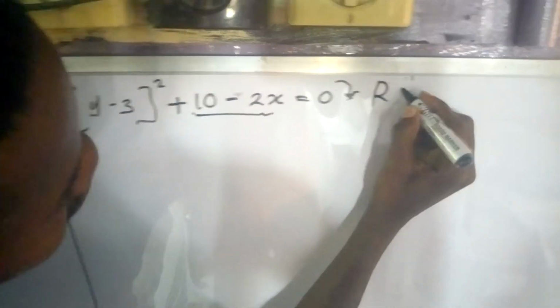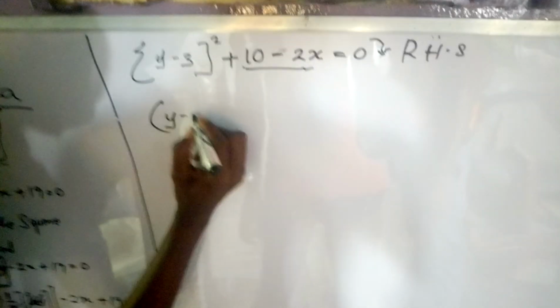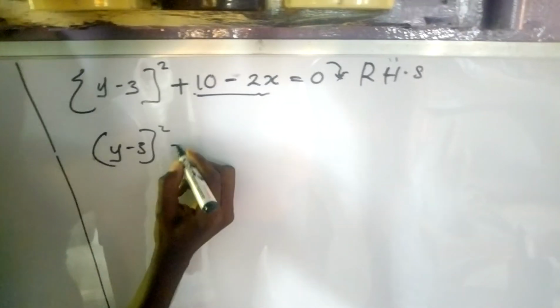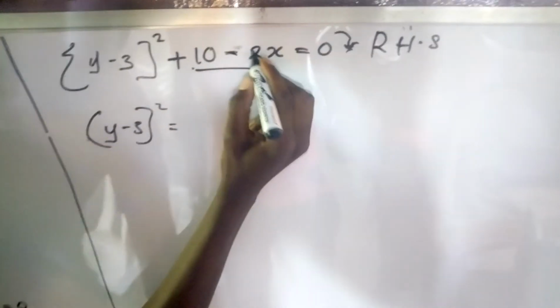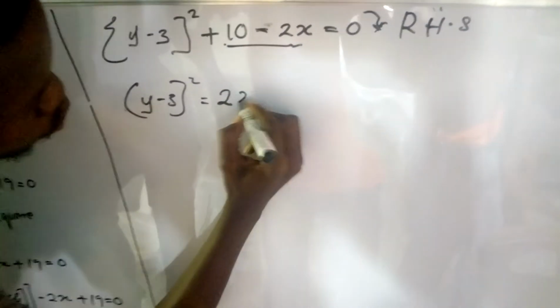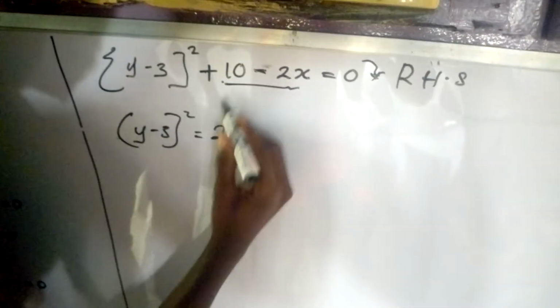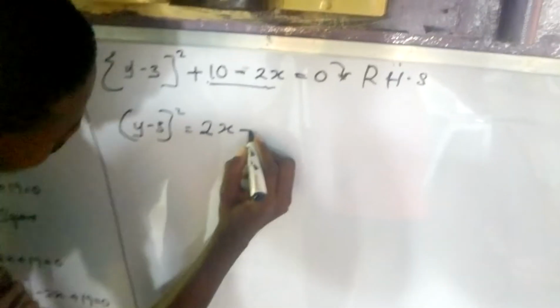This is our right hand side. So y minus 3 square, this minus 2x coming to the right hand side, we change to plus 2x. Then if this 10 is coming to the right hand side too, we change to minus 10.